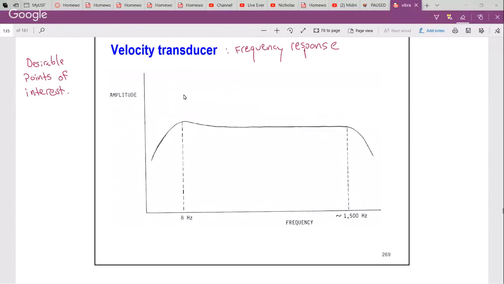So the end result is that you have a fairly flat frequency response. And so the idea of having flat frequency response for both sensors and actuators, like mics and speakers, is what? You actually hear what it's supposed to sound like.